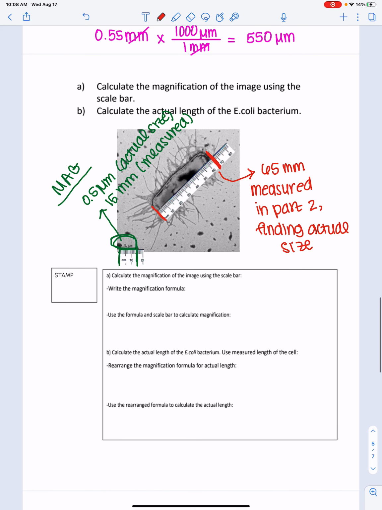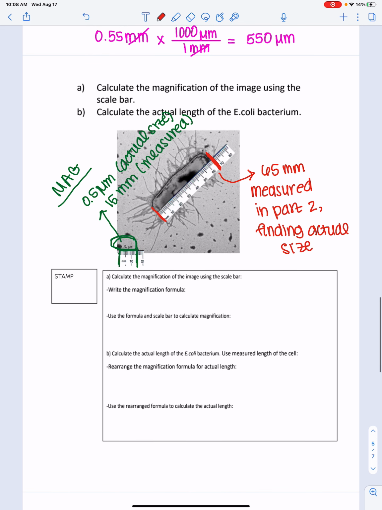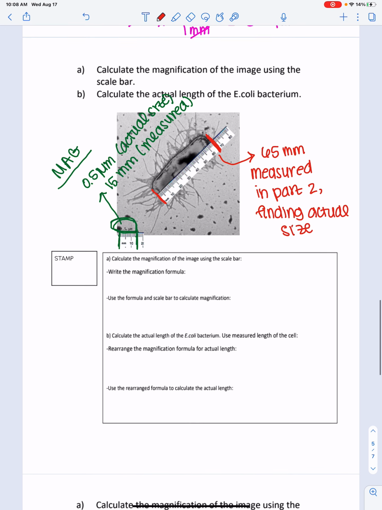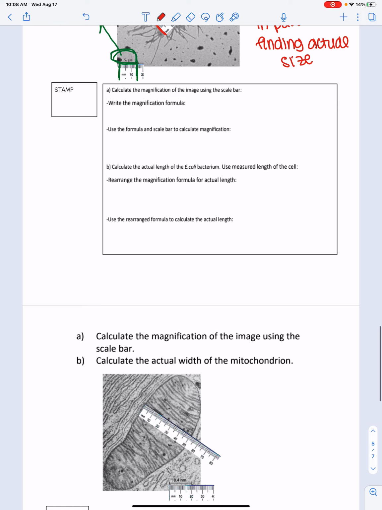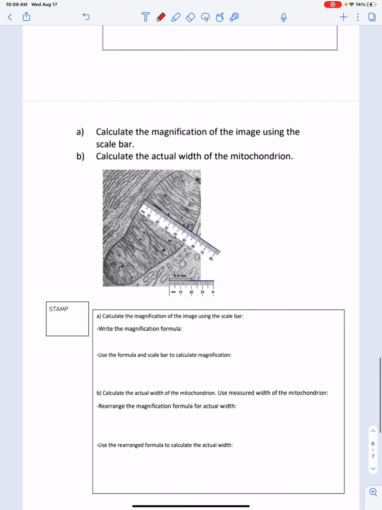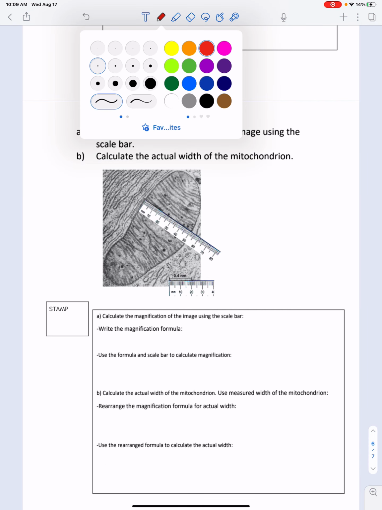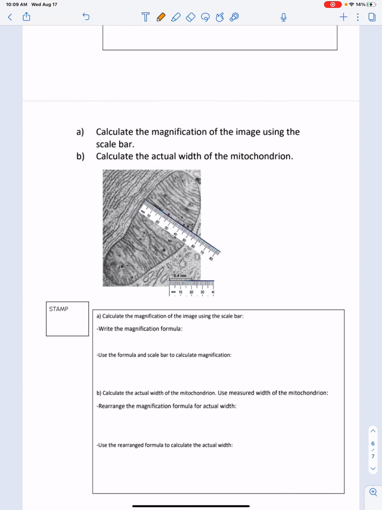So again, the green you're going to use for magnification. The second part, in the red, you're going to use for the actual size of that organism. And again here, just to make sure we're good, this area is what is going to be used to calculate the magnification in step 1.